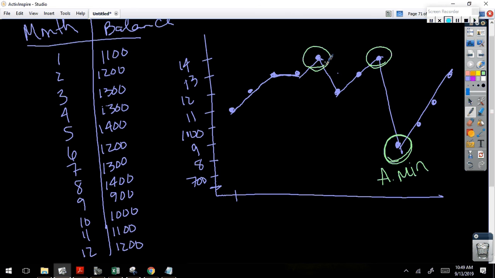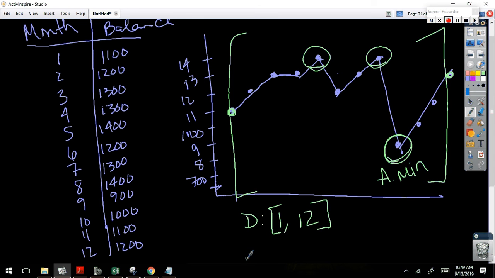Let's see if you understand. What's the domain here? One to 12. Y'all got that? Parentheses or brackets? Bracket. Good job. There's actually a point there. Because there's actually a point 1 to 12, so it would be inclusive.